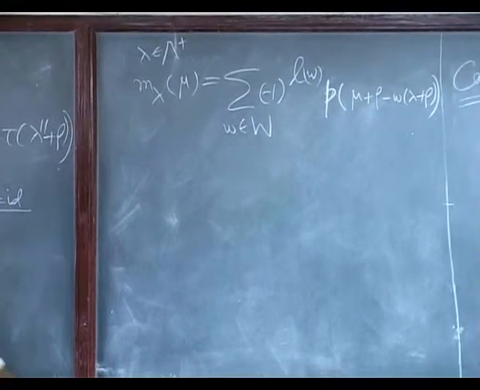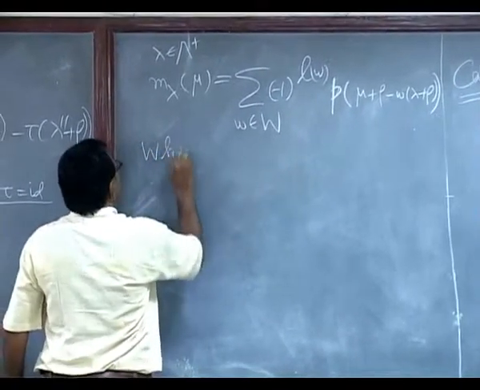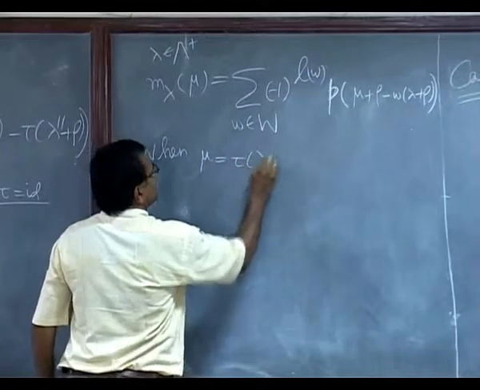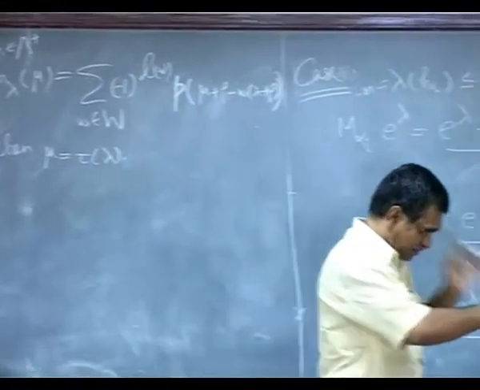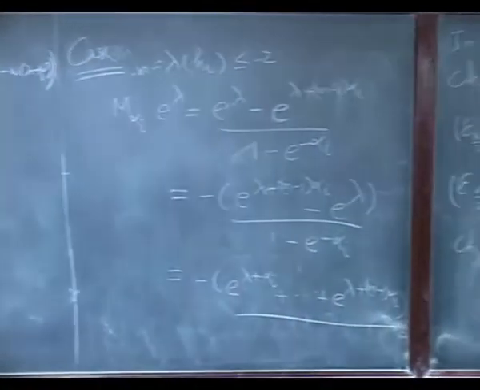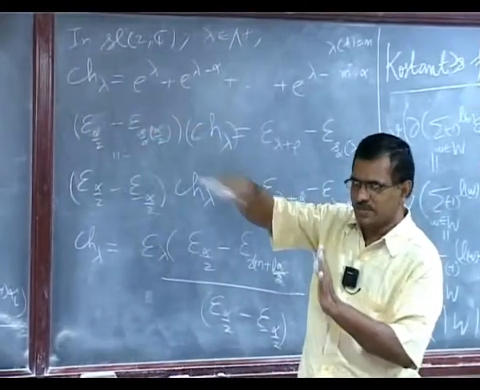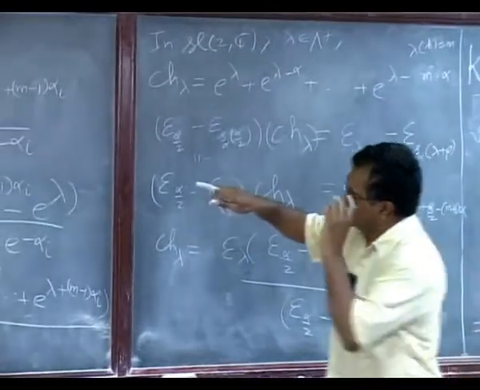So what I want to say is, when mu equals some tau lambda, which is an extremal weight. I mean, in V lambda, there are finitely many weight vectors which are very important. The multiplicity of this is same as the multiplicity of lambda, because that is W-invariance, we have discussed so many times.